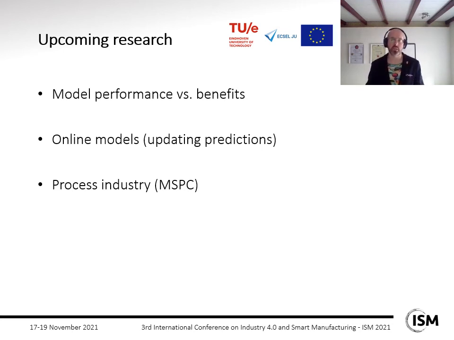But we also want to extend that methodology to include online models in which we continuously update the predictions of quality to, at each point in the manufacturing process, be able to predict whether it will reach the end product quality and decide then whether or not to discard it.